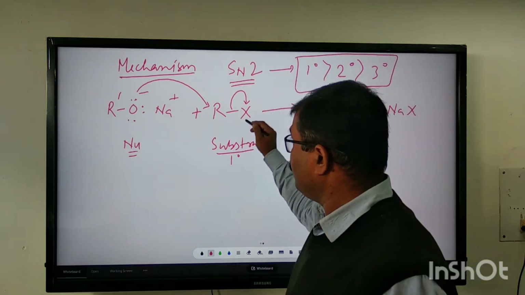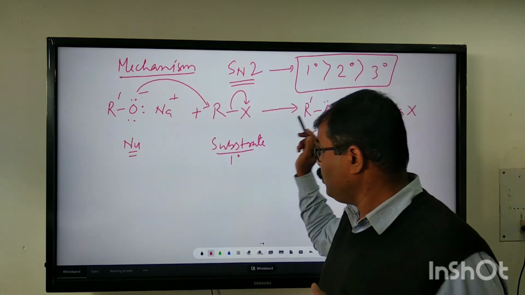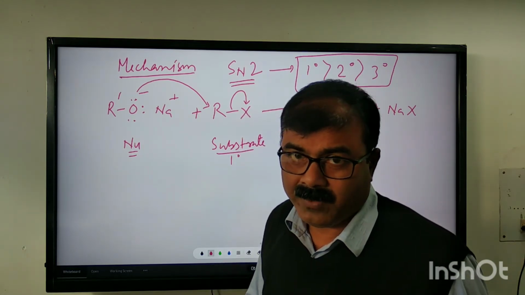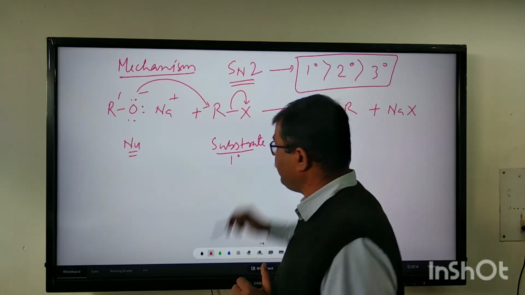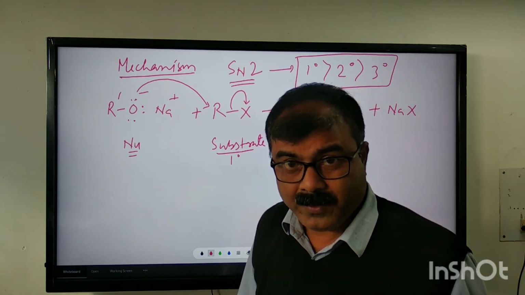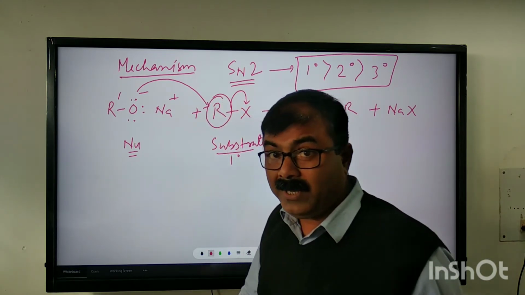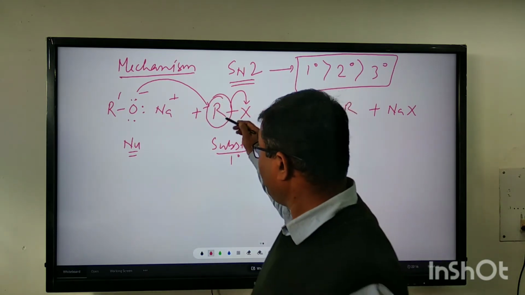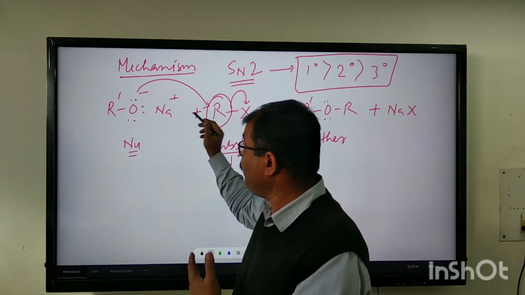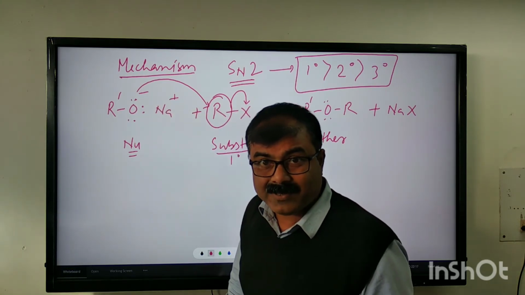Okay? So Williamson synthesis for the preparation of ether is most suitable for 1 degree alkyl halide. This is not favorable for 2 and 3 degree because of steric hindrance. In 2 degree and 3 degree, the alkyl group will be a bulkier group and it will have an inhibiting effect. It will inhibit the attack of nucleophile due to steric hindrance.